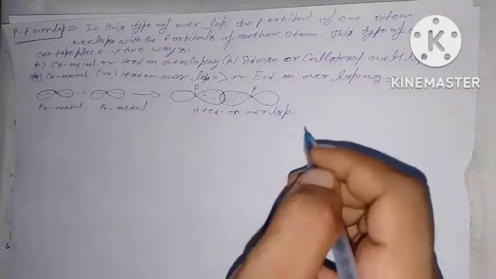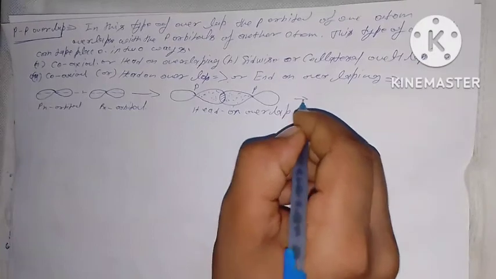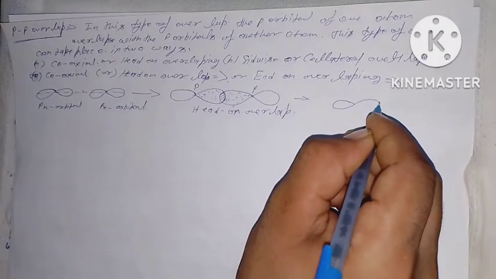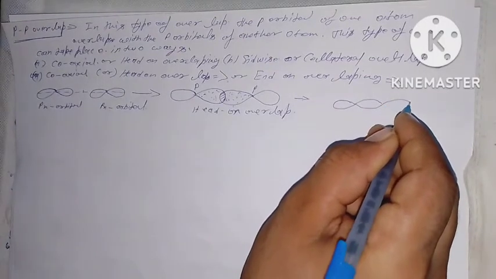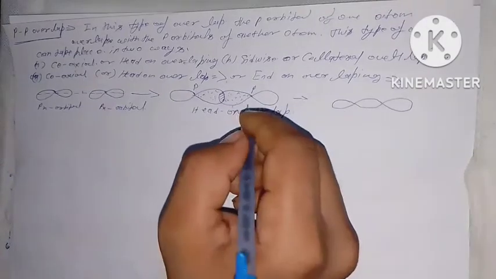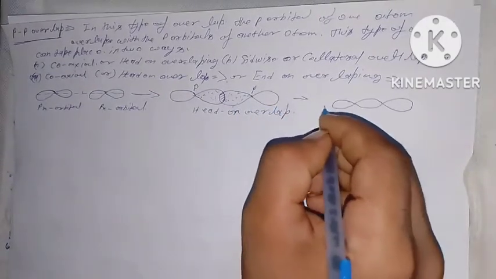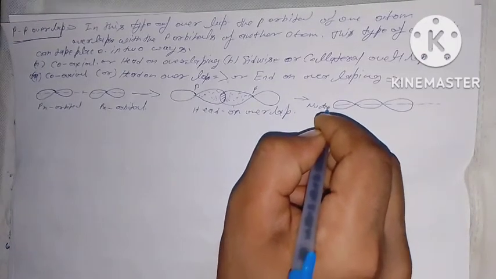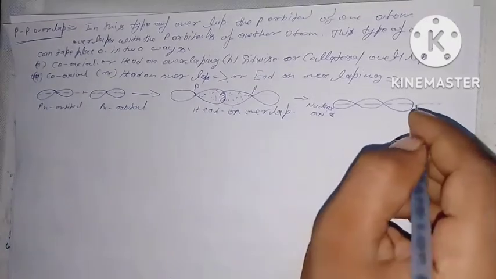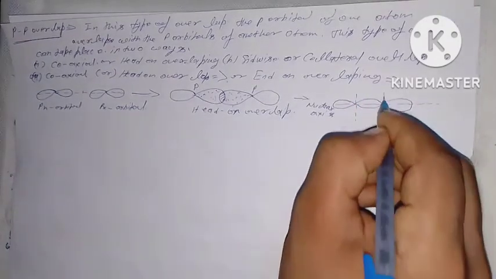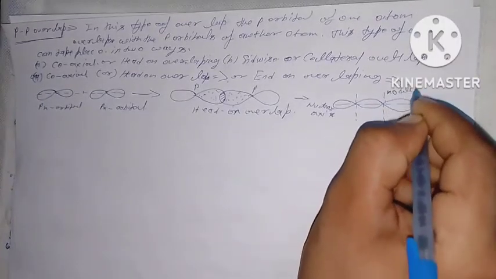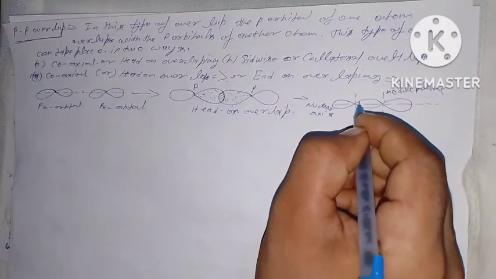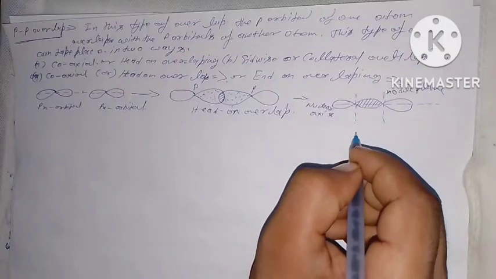This is the nuclear axis and this is the nodal plane. This is equal axis overlap.